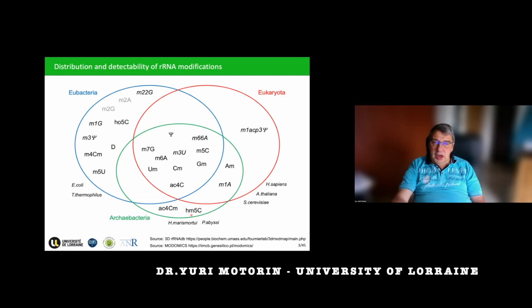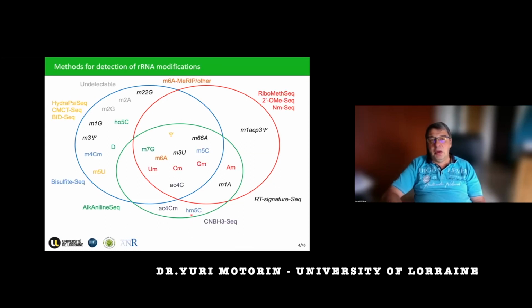So how do we approach detection of those modifications in practice? For most of them, fortunately, we already have methods allowing their detection. For 2' methylations, of course, we can use RiboMeth-seq, which we are using, or 2'-OMe-seq or Nm-seq and some other methods.